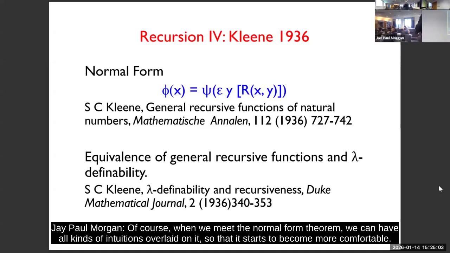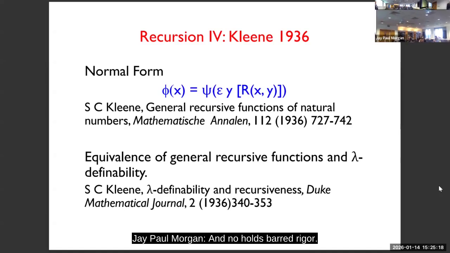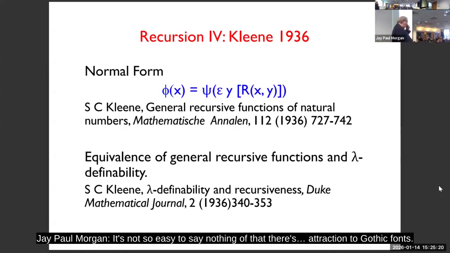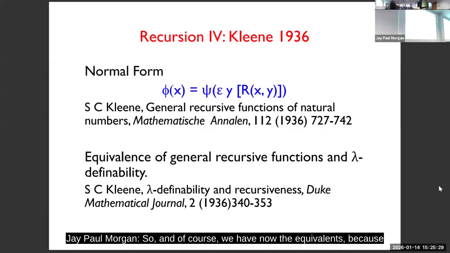Of course, when we meet the normal form theorem, we can have all kinds of intuitions overlaid on it so that it starts to become more comfortable. But coming out of the blue, and with Steve Kleene's particular technical style of meticulous detail and no-holds-barred rigor, it's not so easy, to say nothing of his attraction to Gothic fonts.